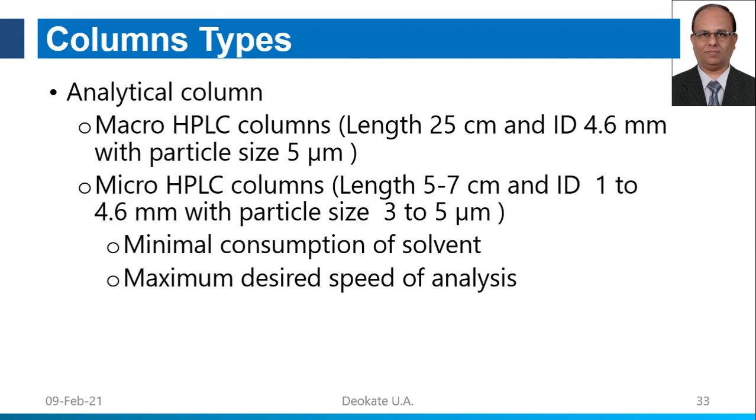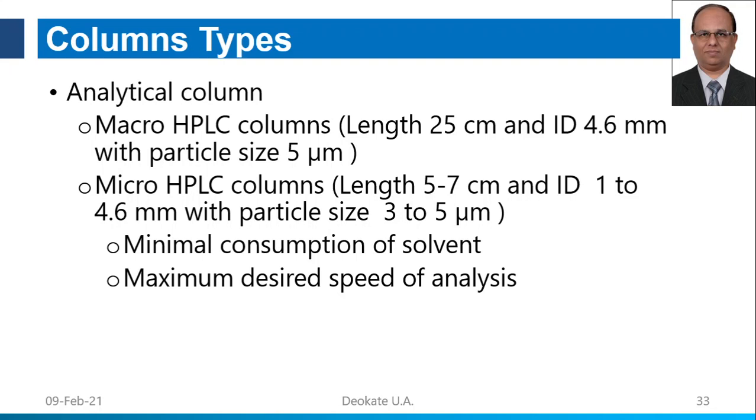Some are analytical columns. They are again of two types, macro HPLC column and micro HPLC column. The macro HPLC columns are having the length of 25 centimeter and internal diameter of 4.6 mm with particle size of 5 micrometer.